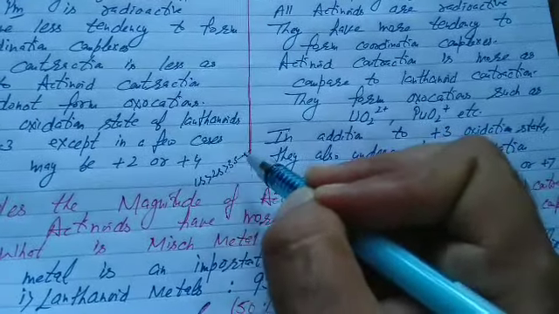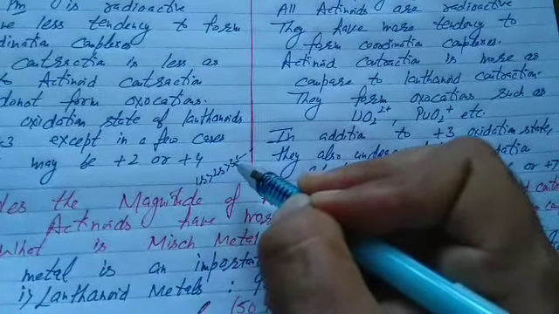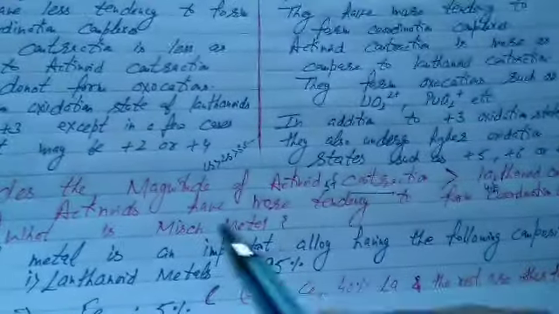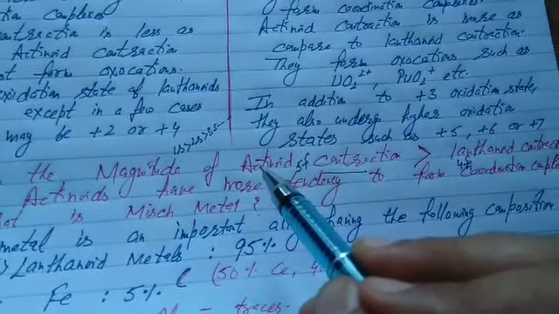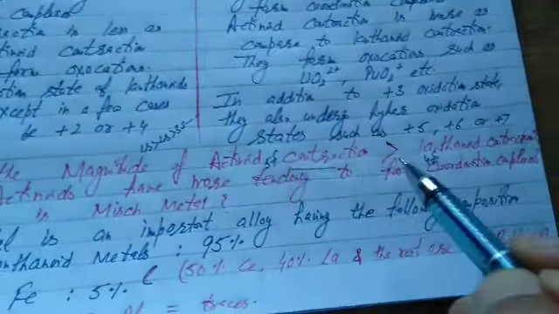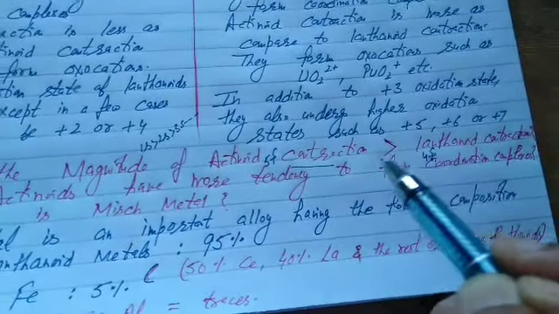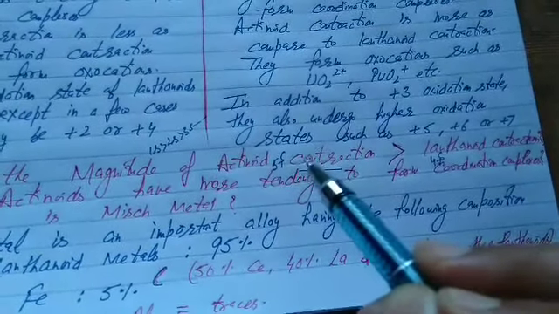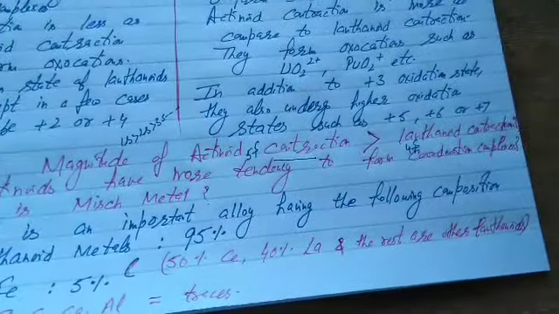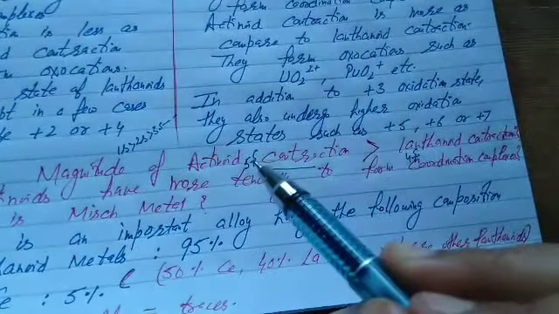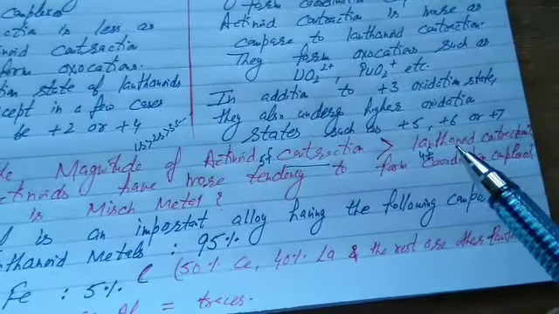For the same subshell, as the value of the principal quantum number increases, the shielding effect decreases. The same reason: it is due to very poor shielding of the electron in the 5f subshell as compared to the 4f subshell. Please write the answer to this question. Why is actinoid contraction more than lanthanoid contraction? Very poor shielding of the electron in the 5f subshell as compared to the 4f subshell.